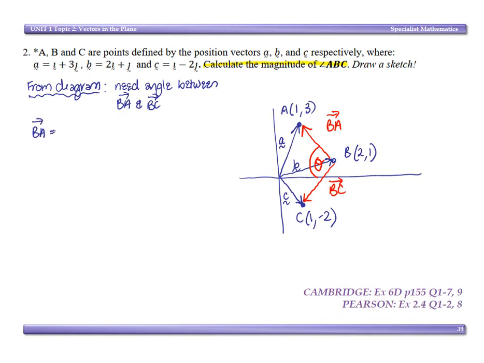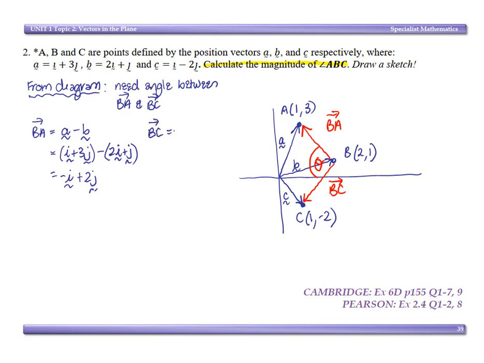BA is A minus B, I plus 3J minus 2I plus J. I take 2I is negative I. 3J take J is plus 2J.